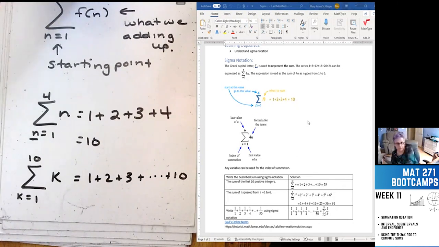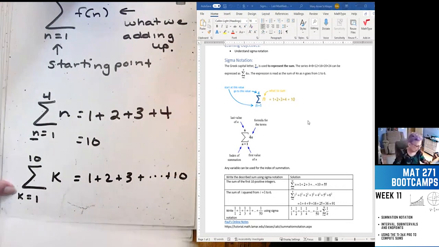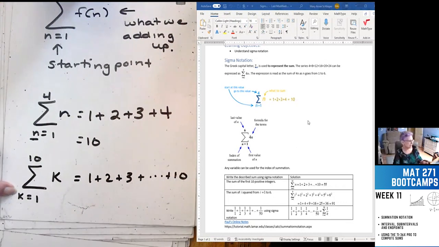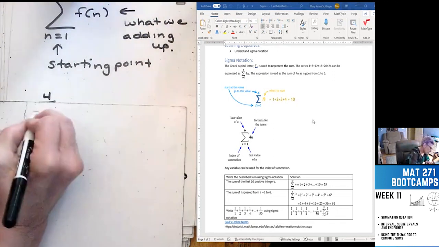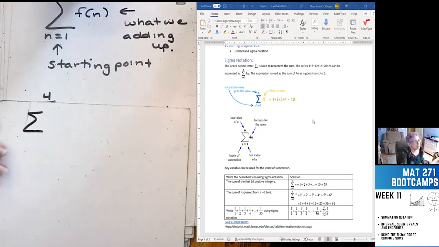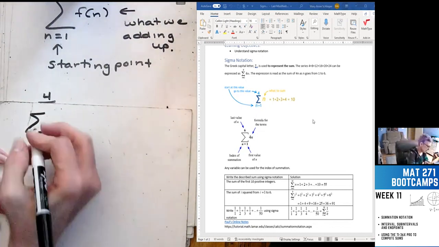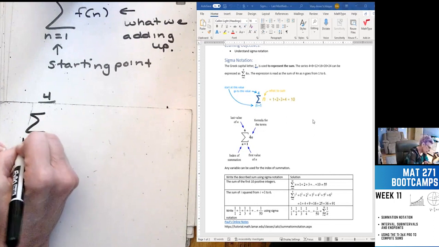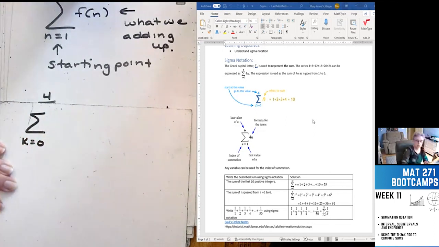Now, the letter that you use to represent the index isn't important. Your starting point is up to you too. So if I wanted the first 10 positive integers, I could let my starting point be 0.